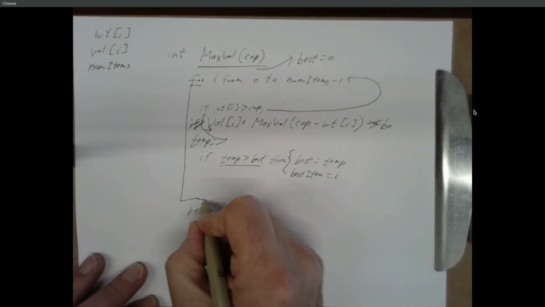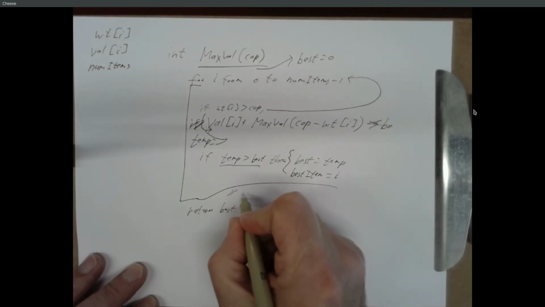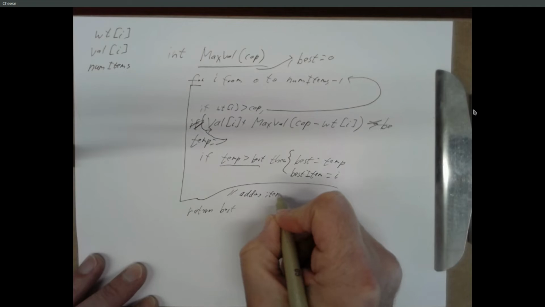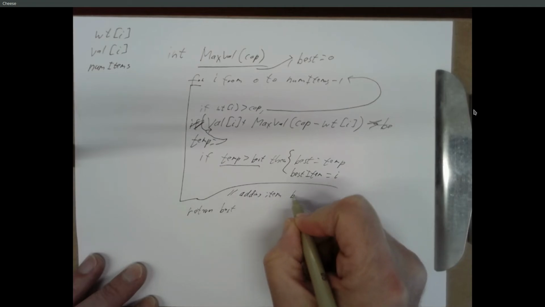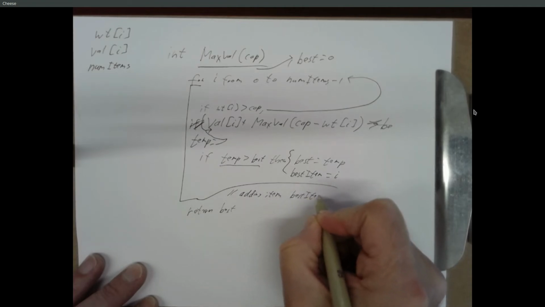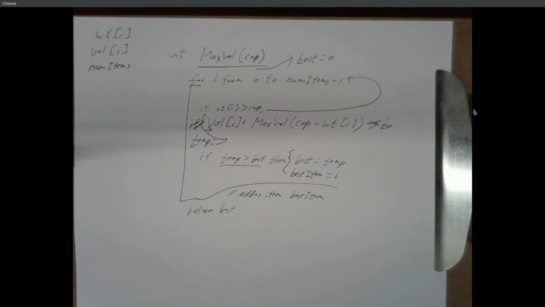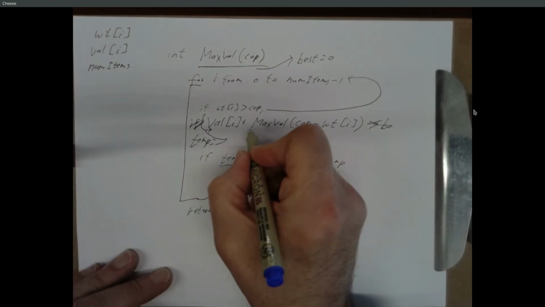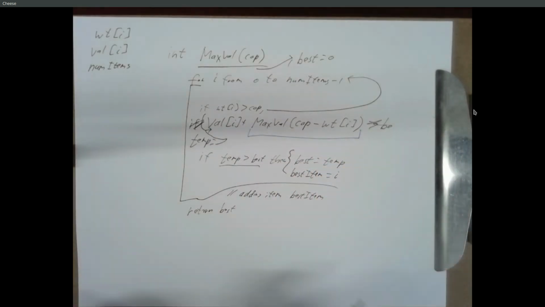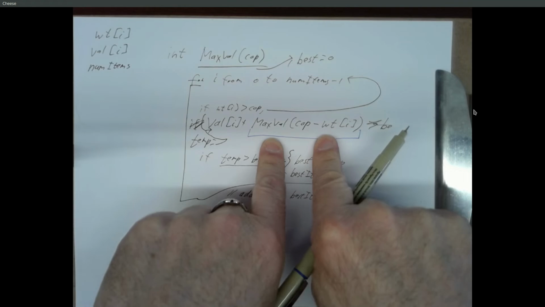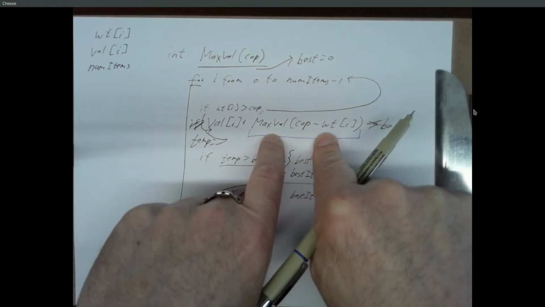So that when you come out of your for loop, adding item, best item, so that you know that's what gave you the best result. But you also need to know what the inventory of items was here that gave you this max value.